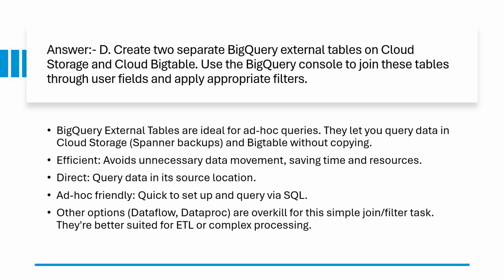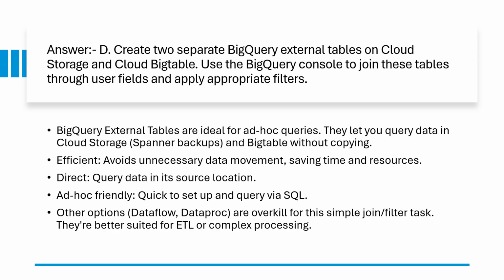This is incredibly efficient. We avoid unnecessary data movement, which saves us time and resources. It's also very direct. We're querying the data right where it lives. And, critically, it's perfect for ad hoc requests. Setting up external tables and querying them with SQL is fast and straightforward.